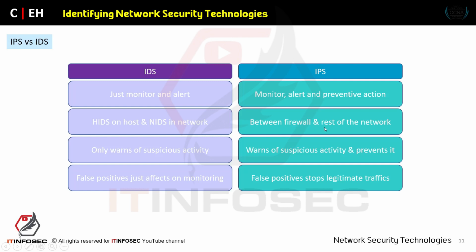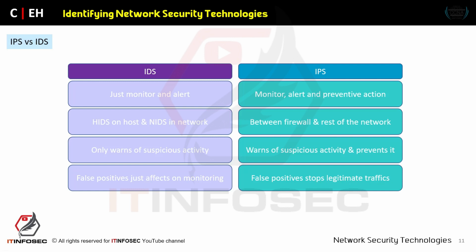IPS is placed between the firewall and the rest of the network, but HIDS is on the host and NIDS is in the network. Sorry. IDS only warns of suspicious activity, but IPS warns of suspicious activity and prevents it. IDS false positives only affect monitoring, but IPS false positives stop legitimate traffic.